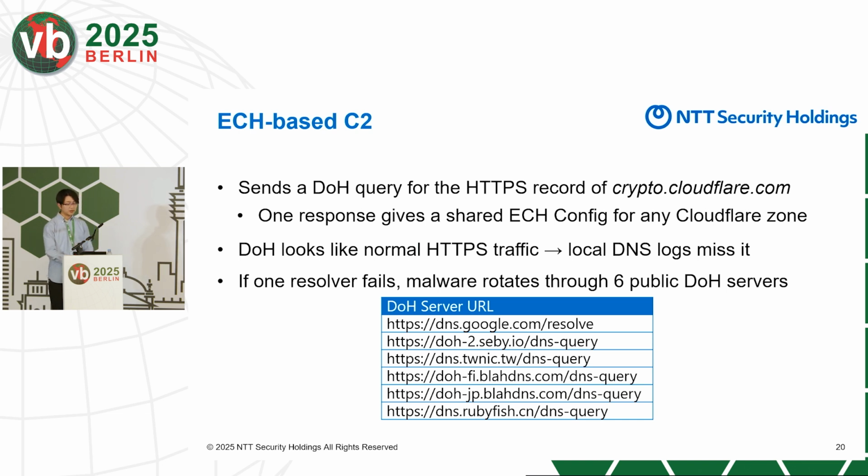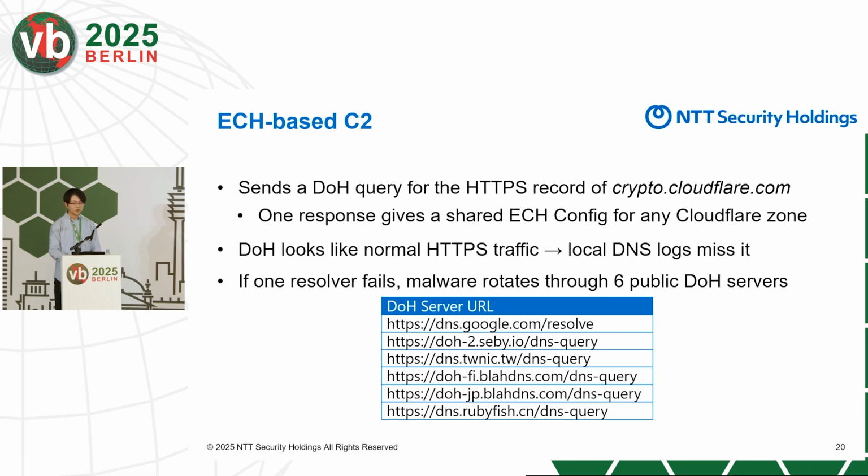You might expect the malware to ask for the HTTPS record of its own C2 domain. But Cloudflare reuses one ECH config for many customer zones, so this single lookup works for any C2 domain, and the real malware domain never appears in DNS.